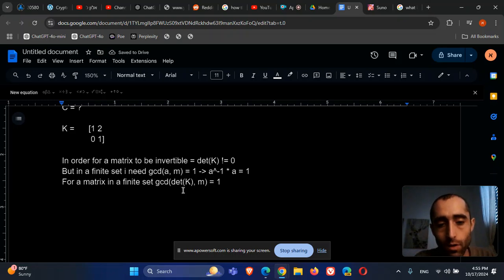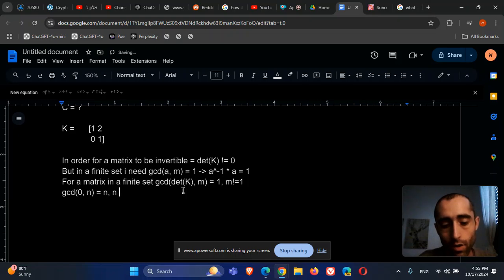Now, note that this condition also tells me that the determinant must not be 0, but it's not enough. Why must it not be 0? Let's assume that m is not equal to 1. Because the GCD of 0 and any number, let's call it n, is just n.